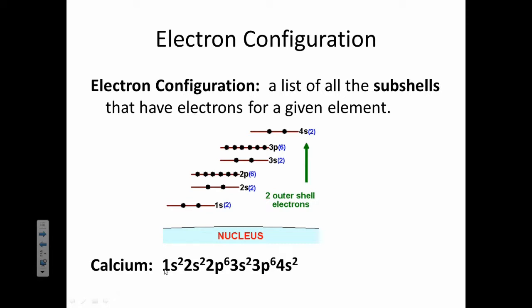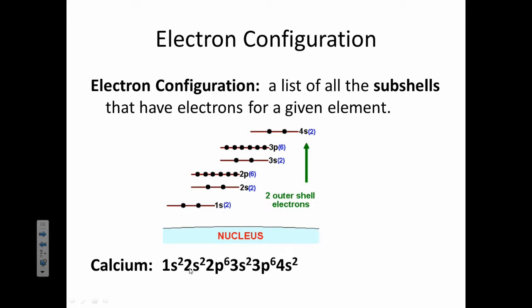So for example, calcium's very first shell has 2 electrons that live in an s orbital. It's just one little circle from the way that we've been drawing them with the x for the 2 electrons. Sometimes you see it as a square with an up arrow and a down arrow as well.